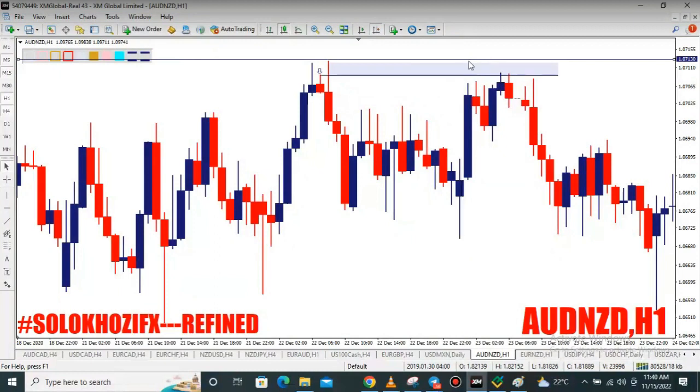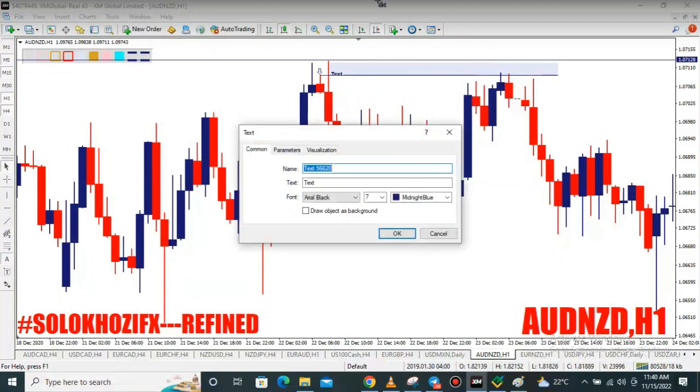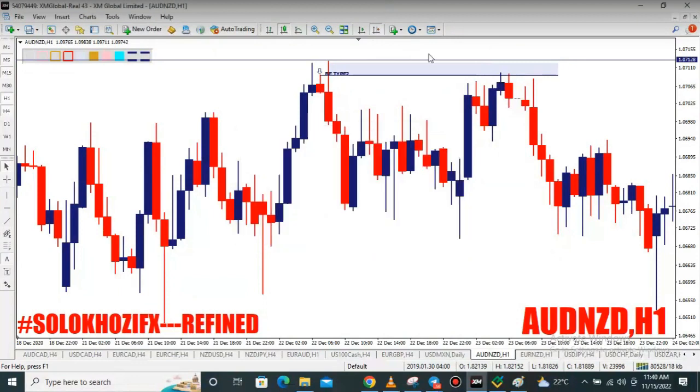Exactly around here, right on top of the wick. This is where you have your stop. Very low risk. You enter here. So this is BE type 2. Bearish engulfing type 2.